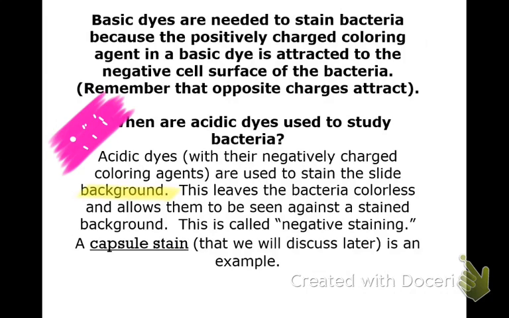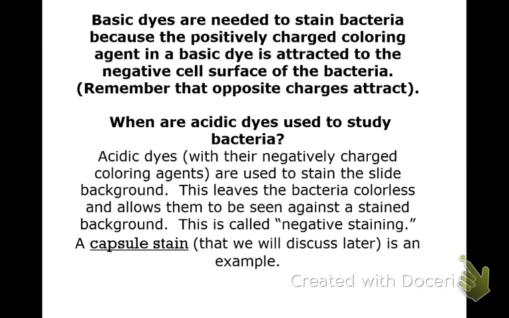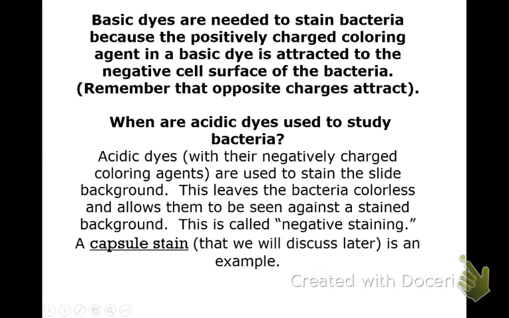Yours was opposite. The background was white. So an acidic dye is when the background is dyed. And a lot of times that's used for a capsule stain because a capsule won't stain. And so you put the stain on the slide and it stains everything but the capsule.